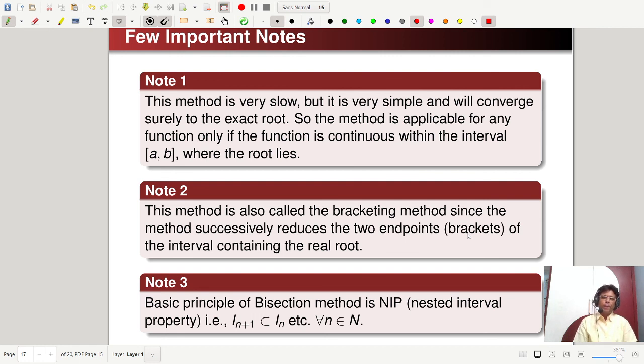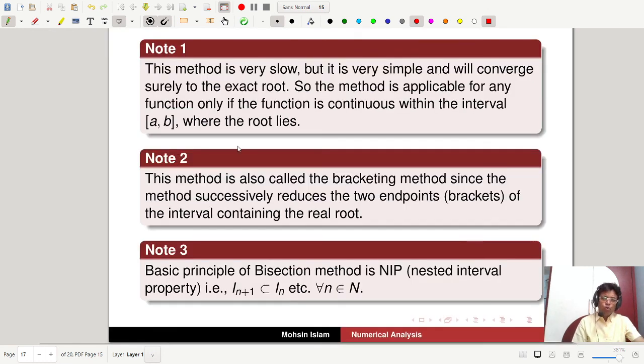The method is applicable for any function only if the function is continuous within the interval where the root lies. Note 2: this method is also called the bracketing method, since the method successively reduces the two endpoints of the interval containing the real root.